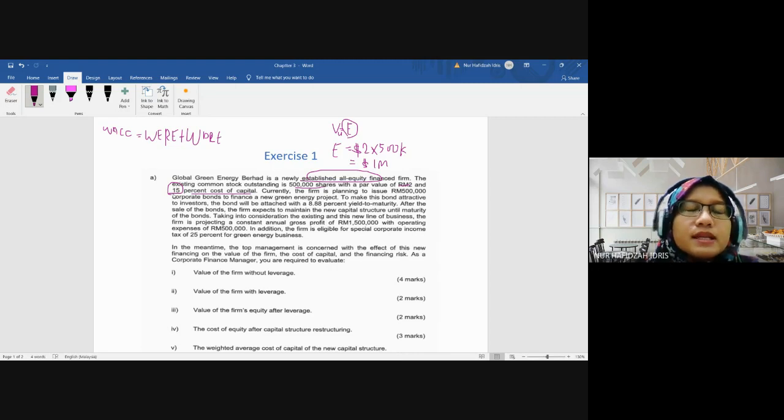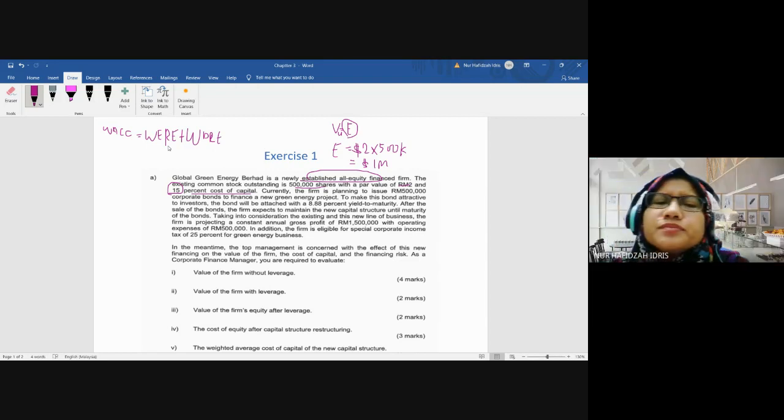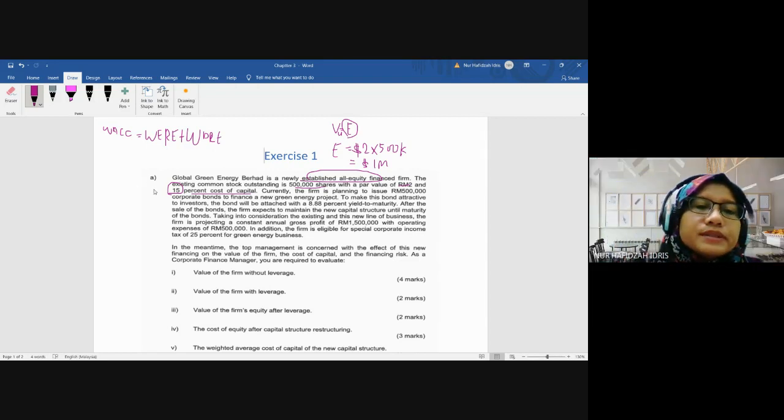So what will 15% be? Look at the formula I gave you: the cost of capital without debt will be what symbol? RU. Yes, RU. So this 15% is its RU.